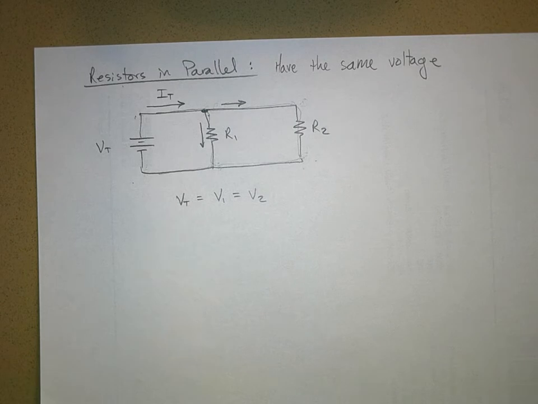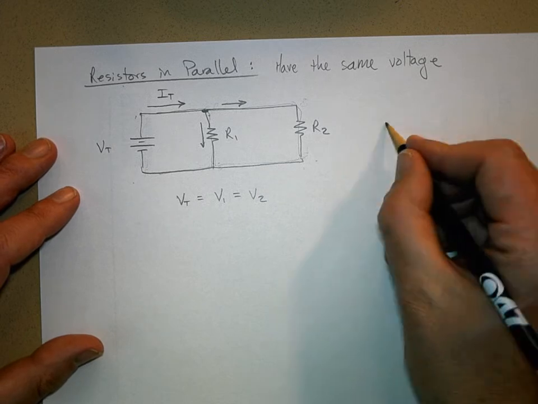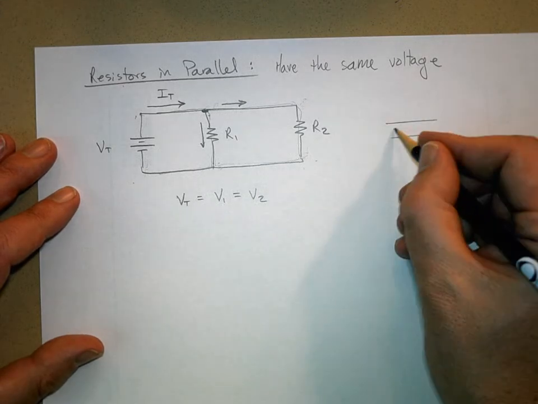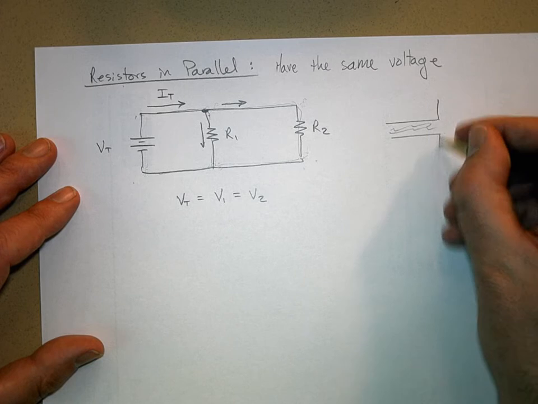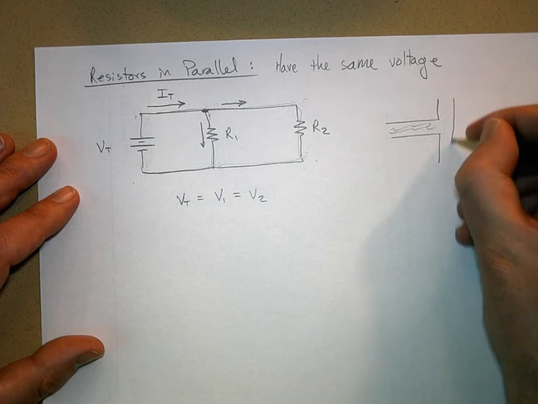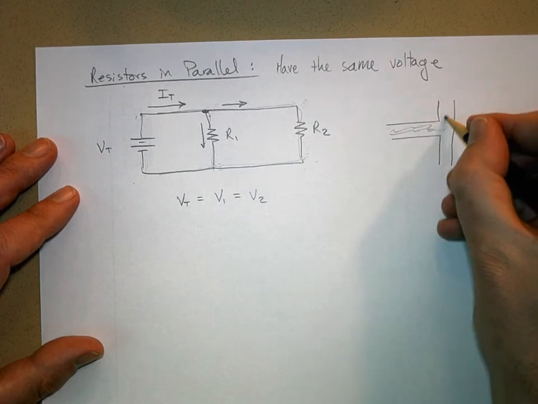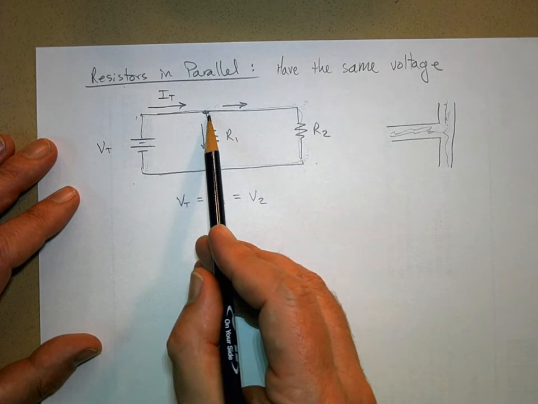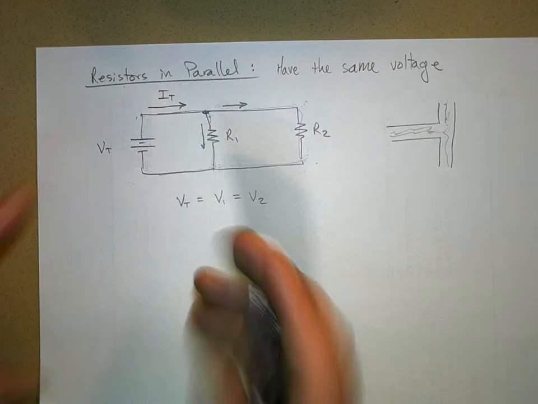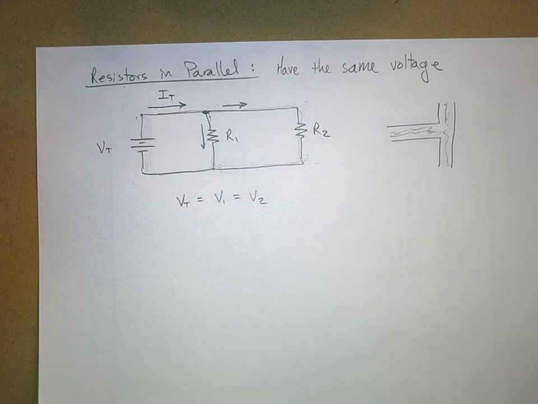It's like water moving through a hose, and you have a T in it. Let's say you have a hose like this, and you've got water flowing through it, and then it splits into two different directions. So some of the water will go up this way and some of the water will go this way. That's all that this junction is. It's where the current splits up.